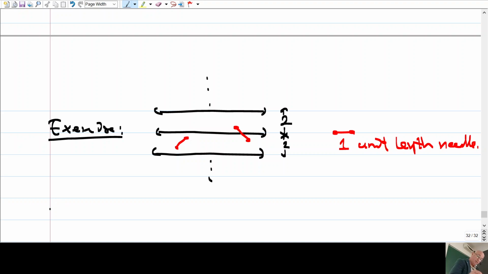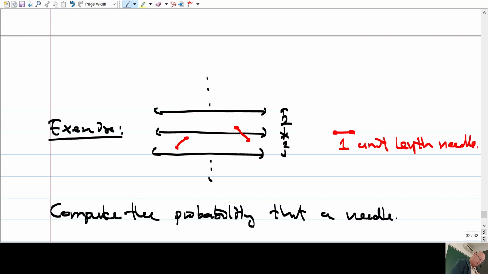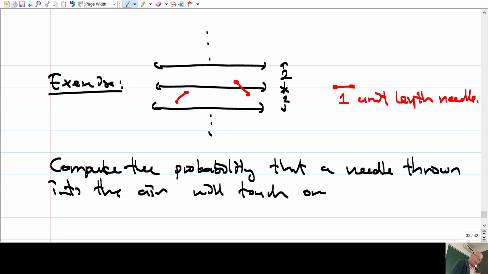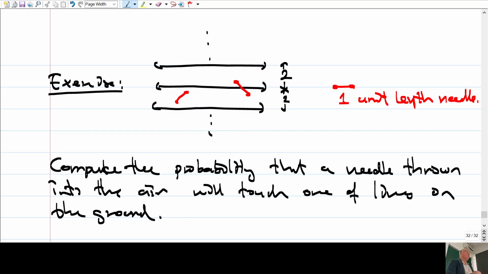Think about this. Compute the probability that a needle thrown into the air will touch one of the lines on the ground.